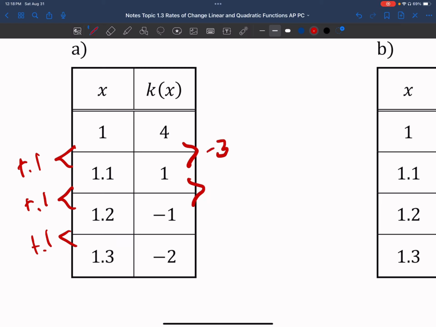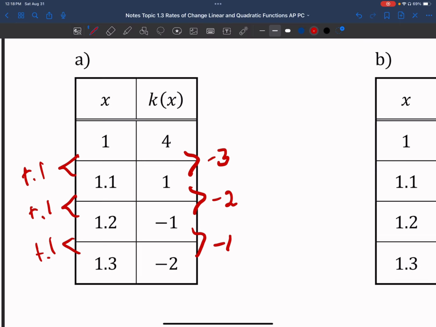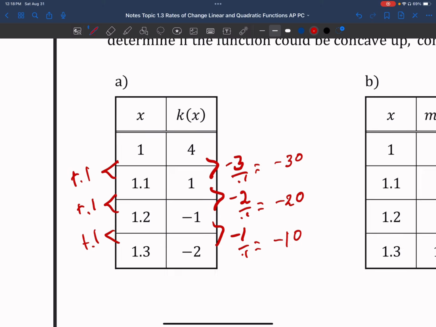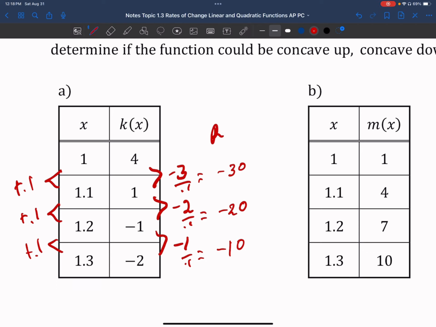To go from 1 to -1, I'm going to subtract 2. And then to go from -1 to -2, I'm going to subtract 1. After that, like I said, I'm going to divide by 0.1 on all of them, and then I'm going to simplify. So the first one simplifies to -30 after I move my decimal, second one -20, and then third one -10. So this is the rate of change.